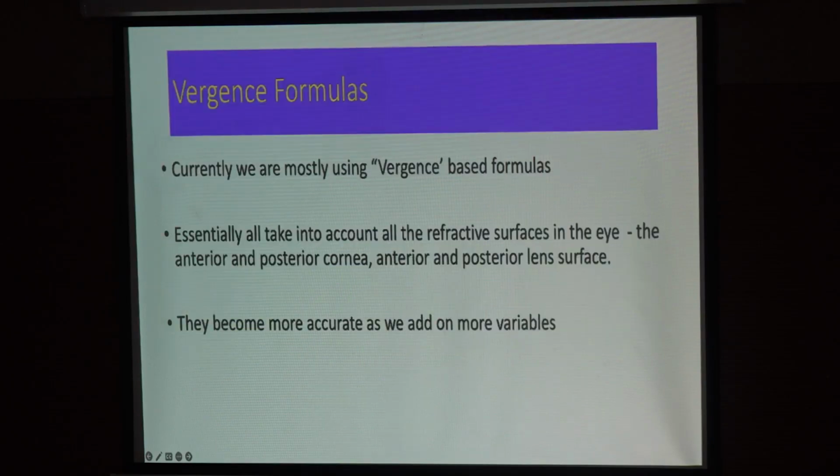So, what we currently like to rely on are called Vergence formulas. Now, what do we mean by Vergence? Vergence essentially takes into account all the refractive surfaces of the eye. So it will take into account the anterior and posterior cornea and the anterior and posterior lens surface. And therefore, it becomes more and more accurate when we add on variables.